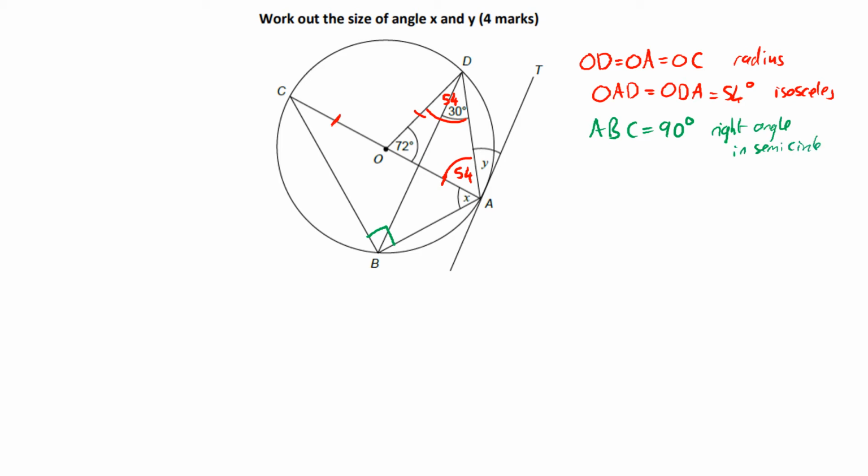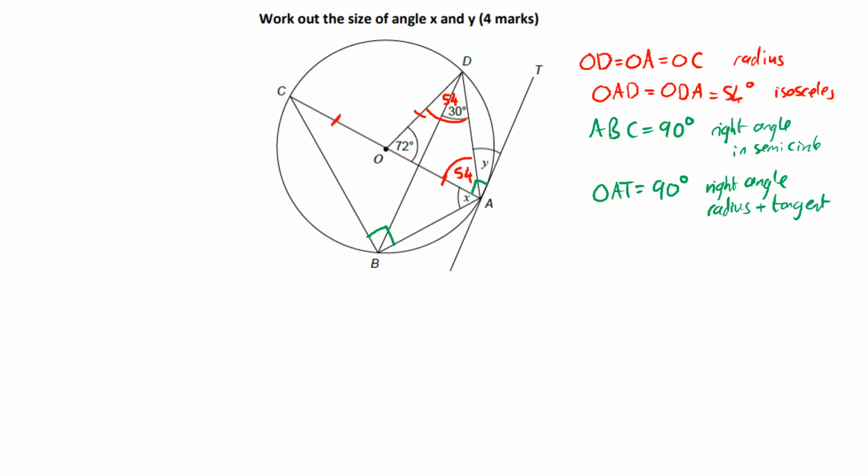Are we getting any closer to what we need to find? Maybe, maybe. What else is a right angle? Well, this is a right angle as well because it's a radius and a tangent. So we can also say that OAT is 90 degrees, and we can say it's a right angle between a radius and a tangent.